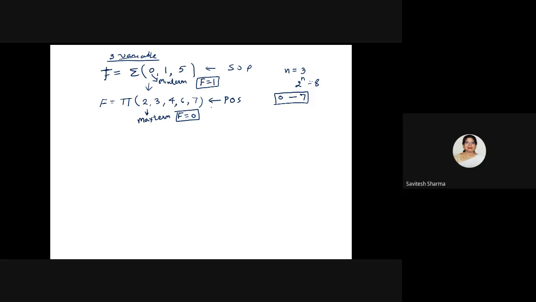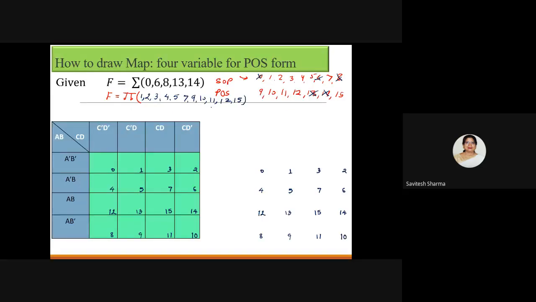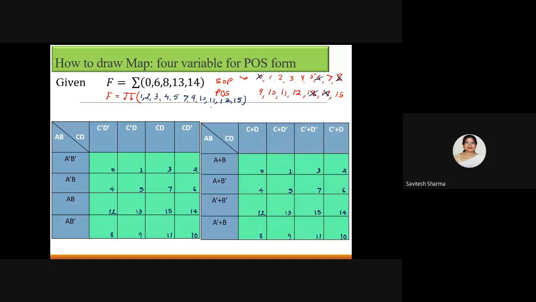So for this problem, what will I do? Again, I will draw the K-map. You see the difference. I draw the same K-map, the numbering is the same, but look at the vertical and horizontal labels. Earlier I was writing A complement B complement, but what am I writing now?